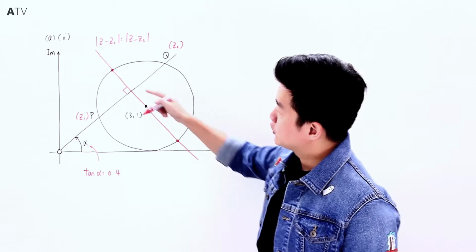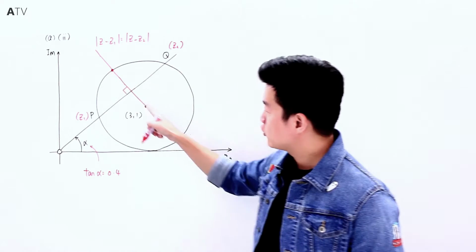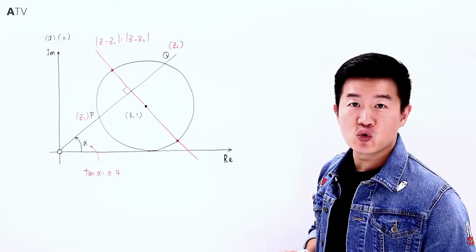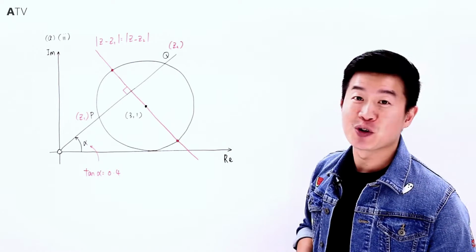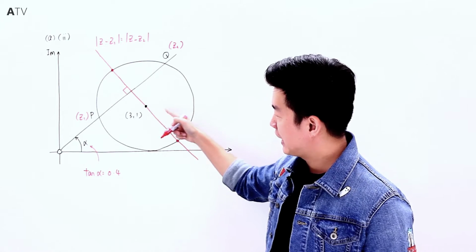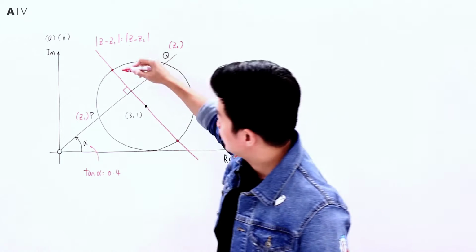What we are supposed to do is to find the complex numbers that these 2 points are representing, and to do that I'm going to add in two triangles, and the two triangles will be this and this. Let me draw this out.